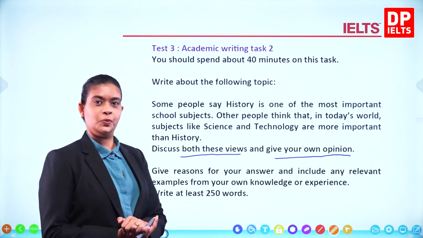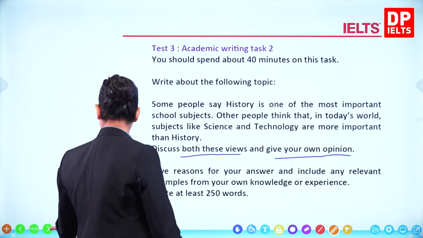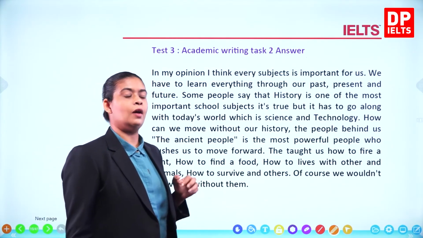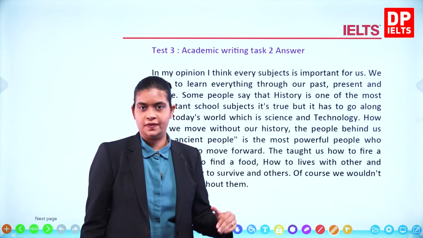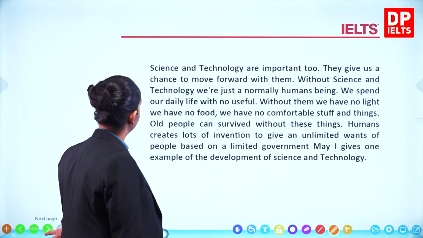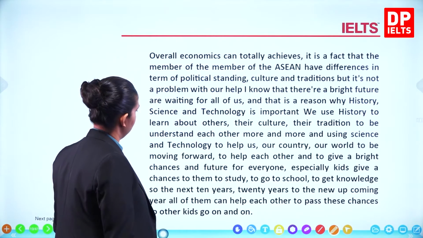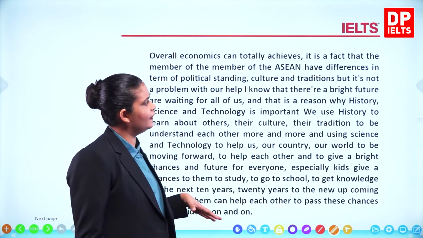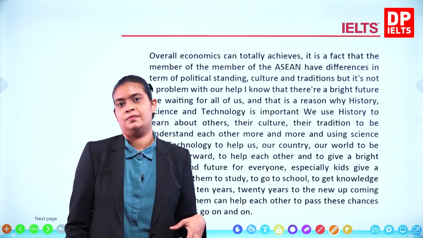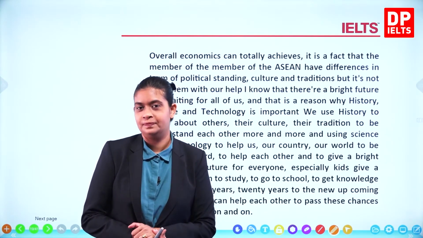Alright, so I hope you would have finished writing your answer. Now let's have a look at a sample answer that a student has written. Now I want you to pause the video, right, and go through the answer. Okay? And then think, how much would you give this student? Write down a score.